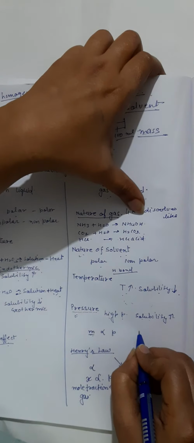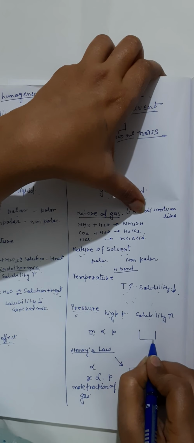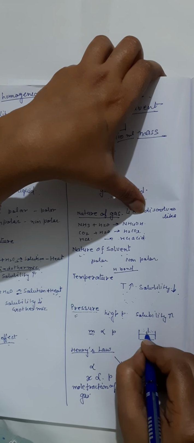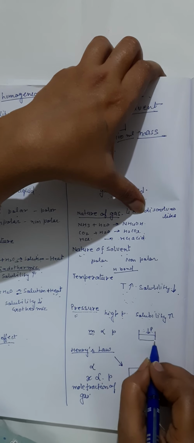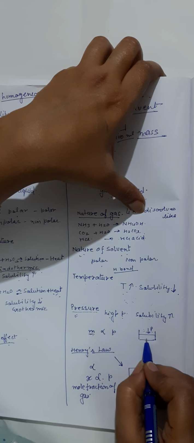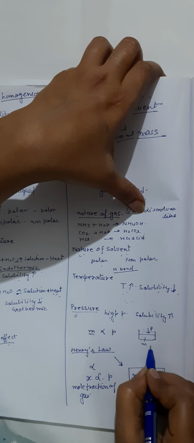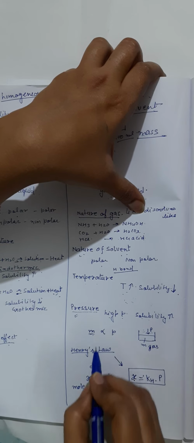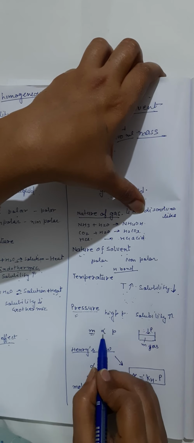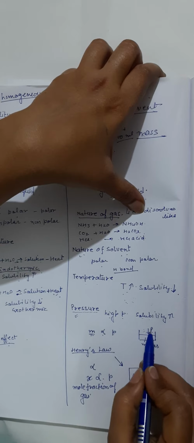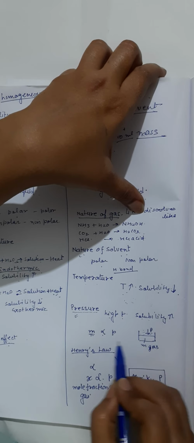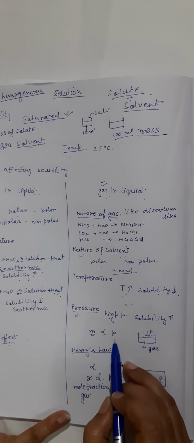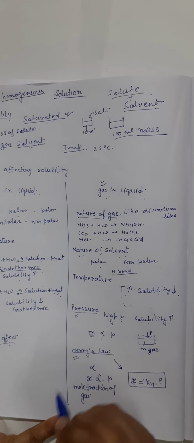If we are talking about a liquid surface in which a gas has to be dissolved, the pressure applied by the gas decides how much mass of gas has been dissolved. So the mass of the gas is directly proportional to pressure of gas on the liquid surface. That is how we put the statement, and this law is called Henry's law.